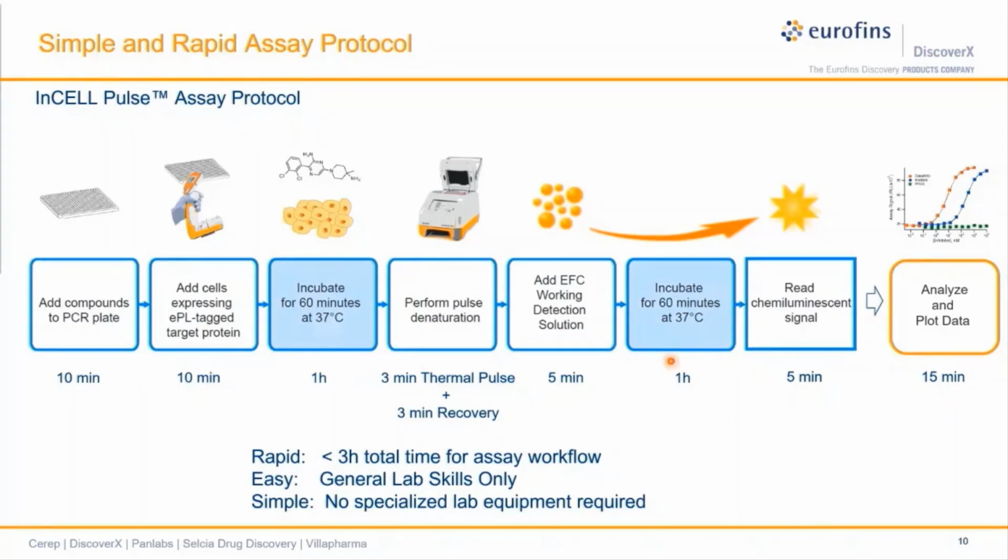Importantly, the same user-defined target-expressing cell lines and detection reagents are used for both the InCELL Hunter and InCELL Pulse assays, and both assays provide the same insights into compound cellular permeability and target engagement using the same data format. So depending which assay works best for your target, either of the 2 assay formats is available with the same cells and the same reagents.